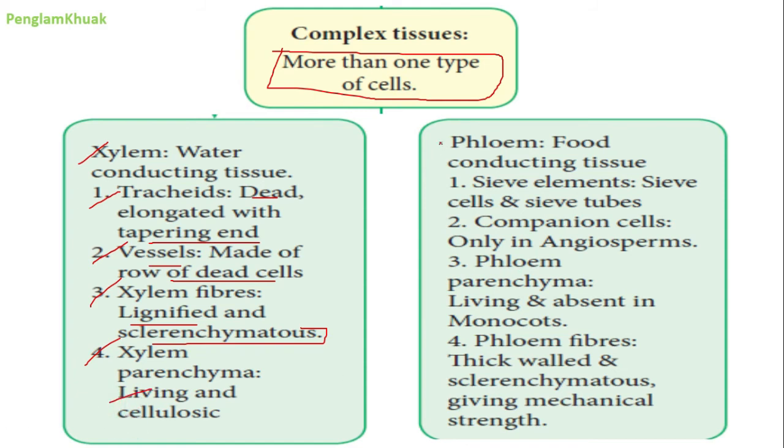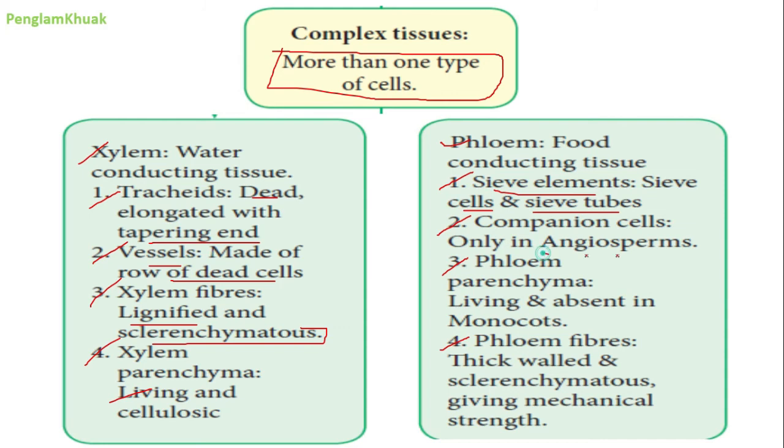The second type of complex permanent tissue, phloem, is also made up of four types of cells. Number one, sieve elements. Number two, companion cells. Number three, phloem parenchyma. Number four, phloem fiber. Sieve elements are of two types: sieve cells and sieve tubes.